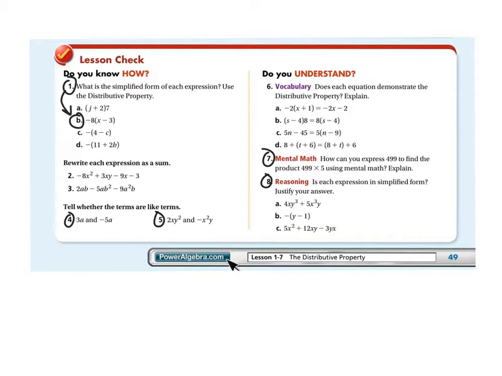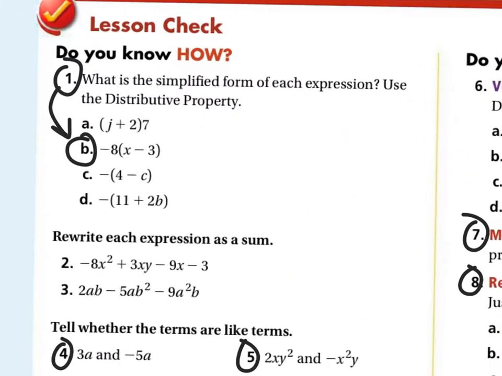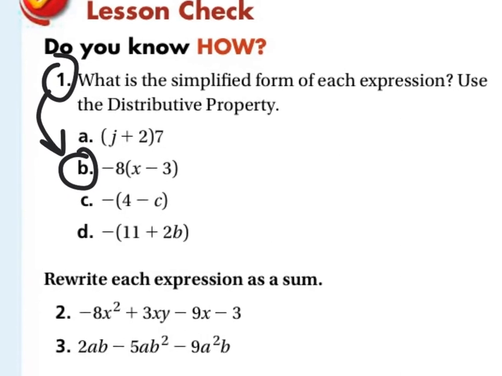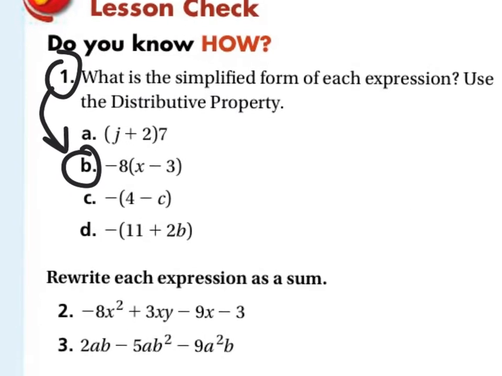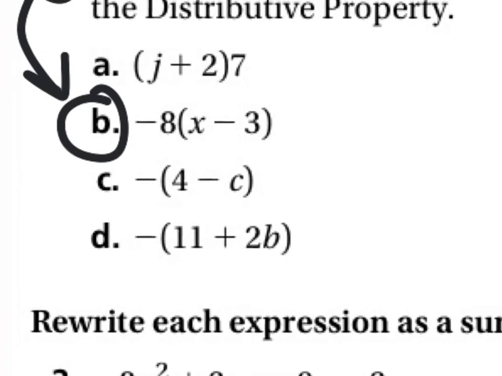So on the lesson check, let's look at a few problems here, starting with part B. The question is, what is the simplified form of the expression? Use the distributive property. One thing on this problem, since there's a negative out in front and they're also subtracting inside the parentheses, if you want to add the opposite here, you can.